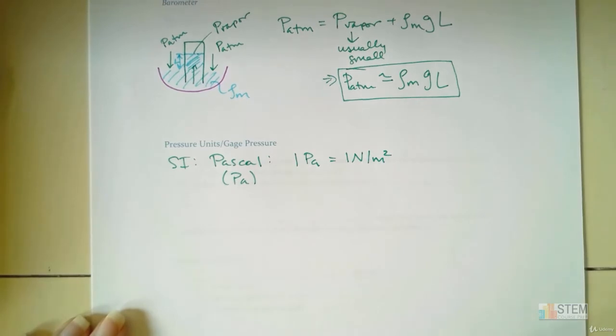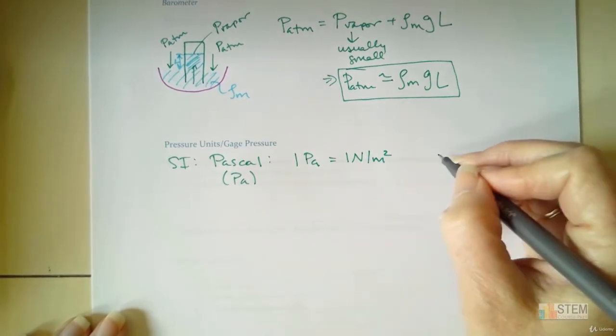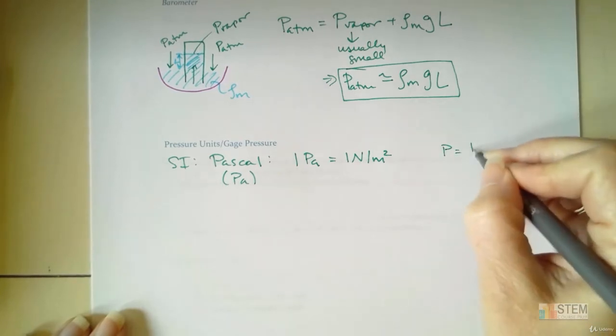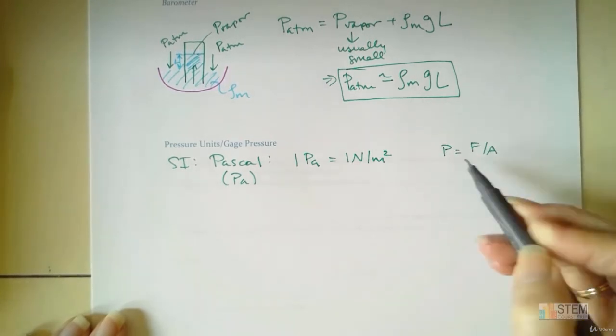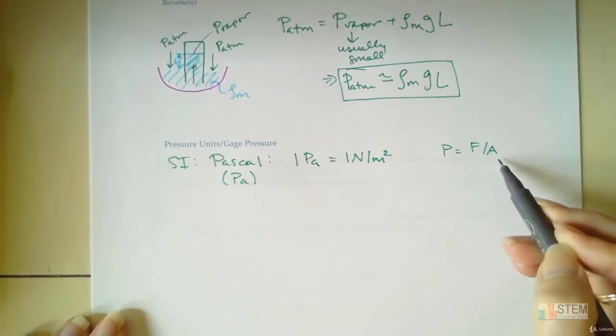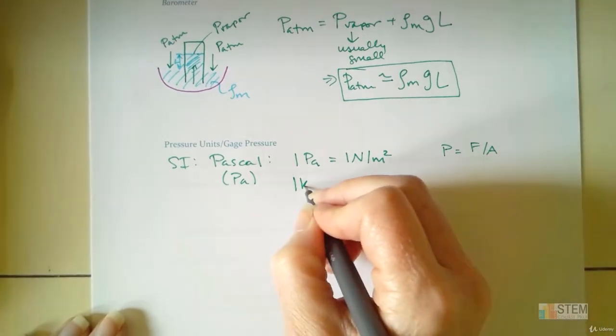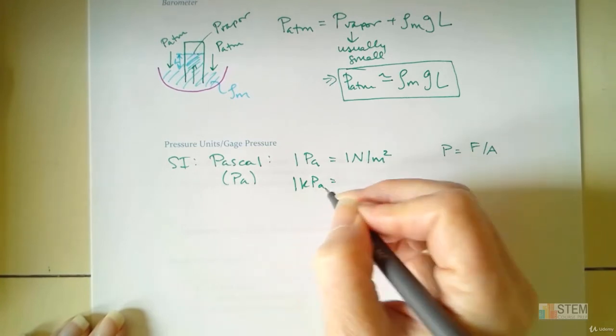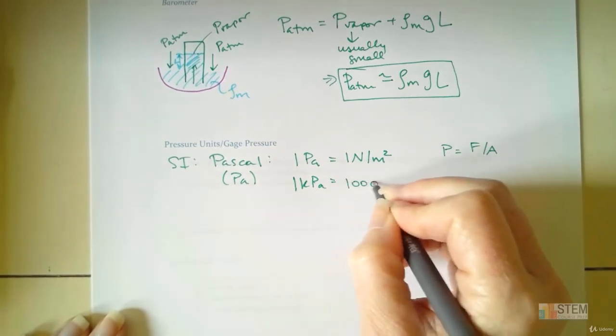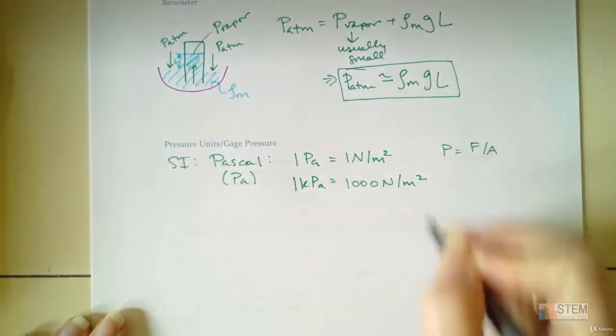Okay. And if you have trouble remembering that, remember pressure is F over A. Remember a Newton is force, A would be meters squared. Okay. Now 1 kilopascal is equivalent to 1,000 newtons per meter squared.